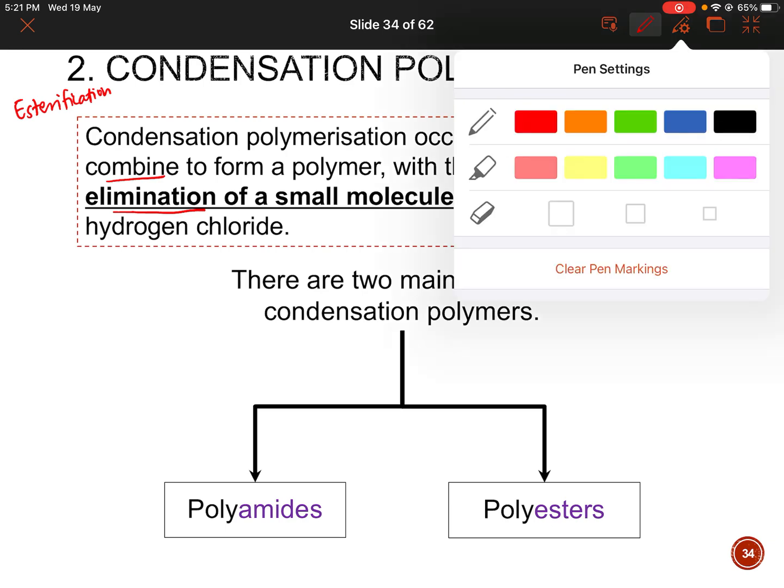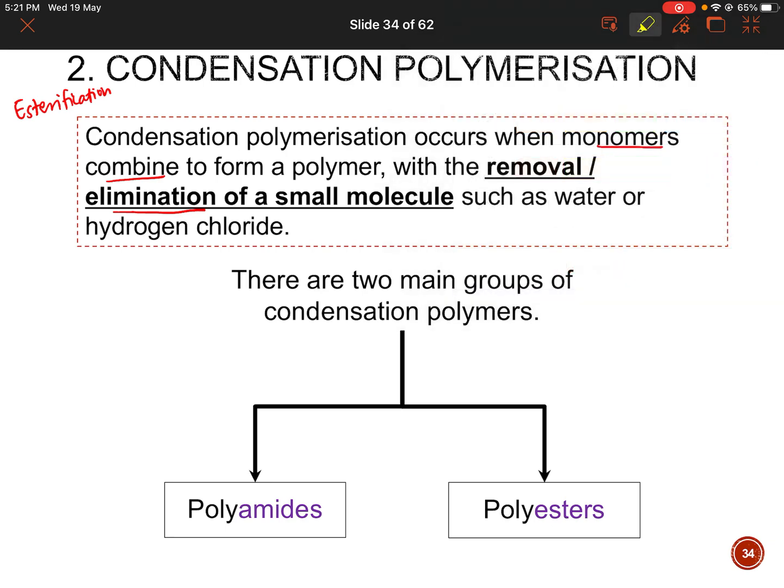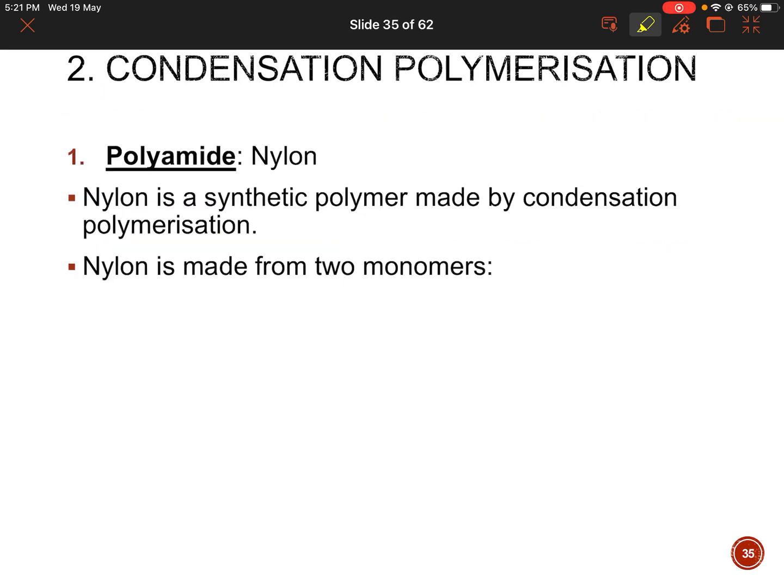The small molecule doesn't always need to be water. It can be other molecules like hydrogen chloride. And there are two types of polymers, polyesters and polyamides. So again, polyester, possibly there is an ester linkage involved? Likely, yes. The first condensation polymer we'll look at is polyamide.